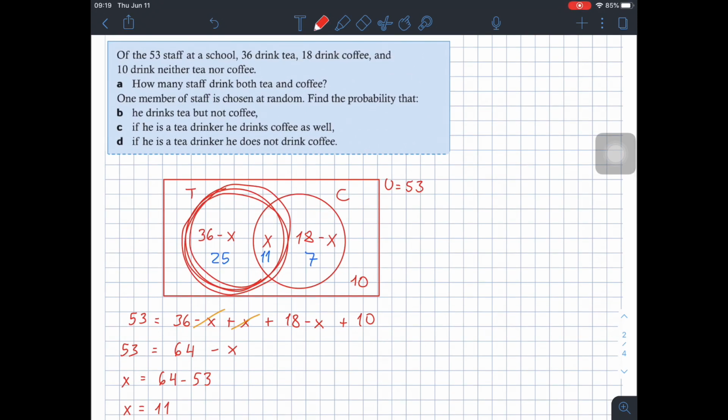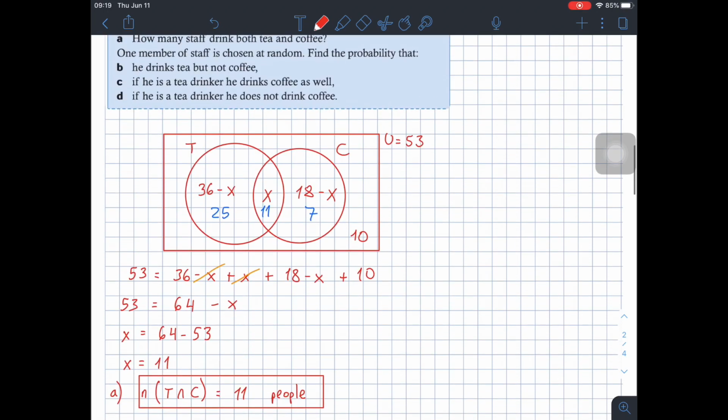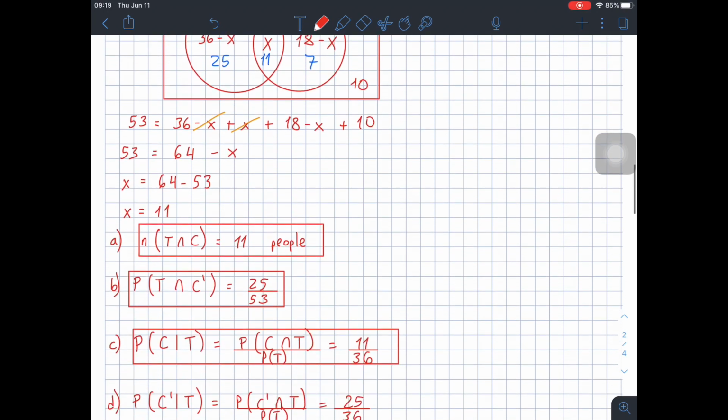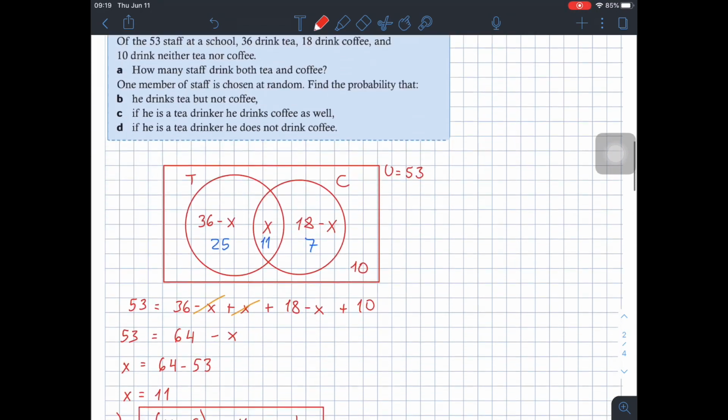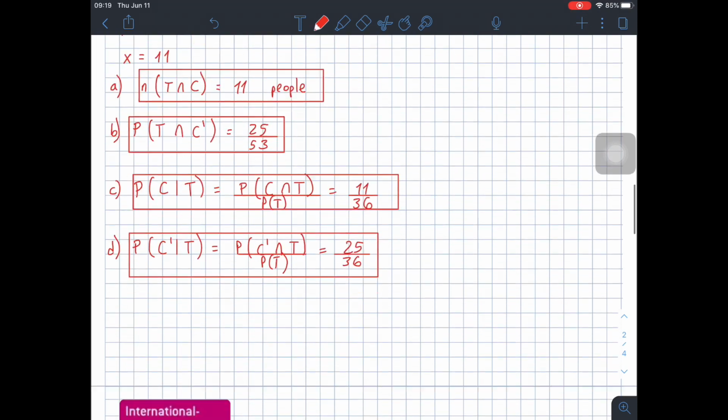And out of these people, how many of them do not drink coffee? 25, right? The rest do drink coffee, so it's 25 out of 36, okay? I think it's easier to reason just by looking at the Venn diagram rather than thinking about the formula, right? It's much easier.